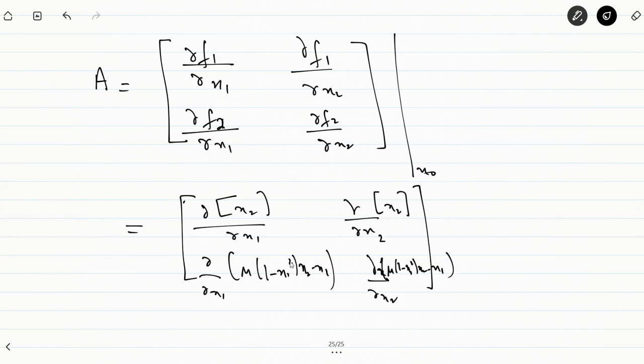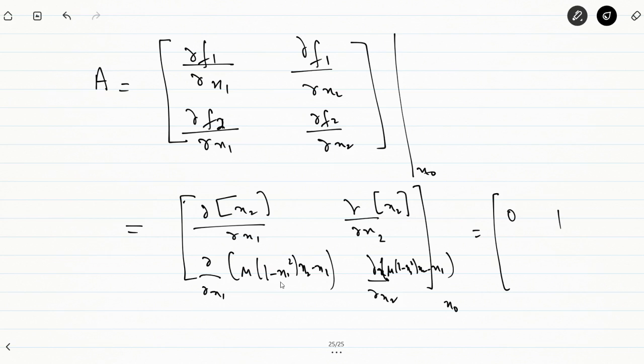You have function 1 and function 2, deriving them, their partial differentiation with respect to the state variables x1 and x2. Once we do the partial differentiation, delta x2 by delta x1 is nothing but 0. Delta x2 by delta x2 is 1. Delta by delta x1 of this equation, what will its differentiation be? mu into 1 minus x1 square, that is mu into 1 minus x1 square x2 minus x1.